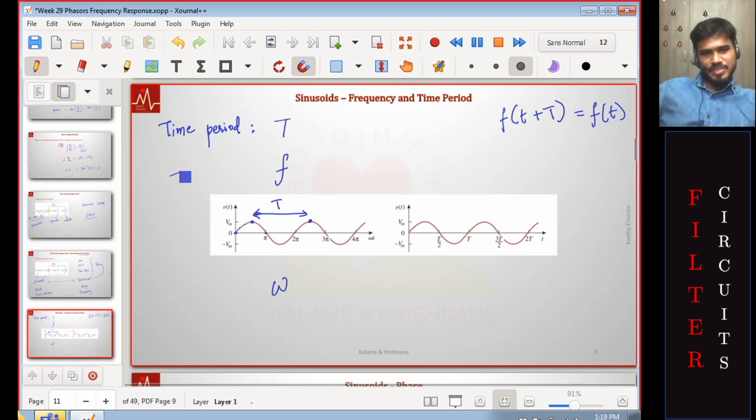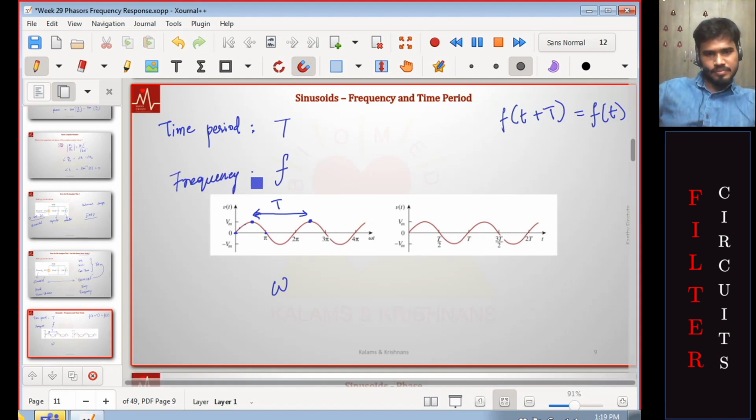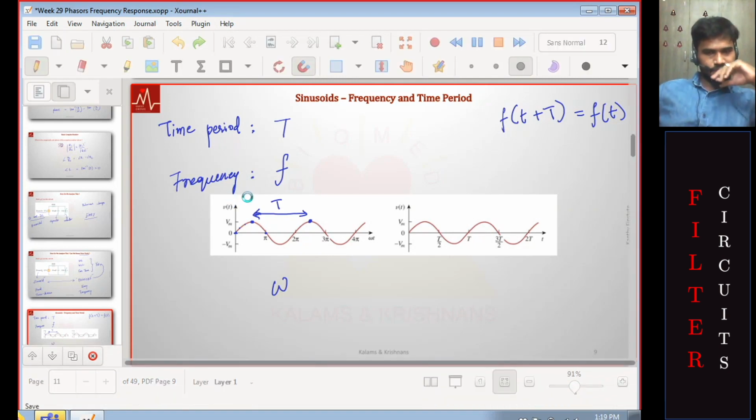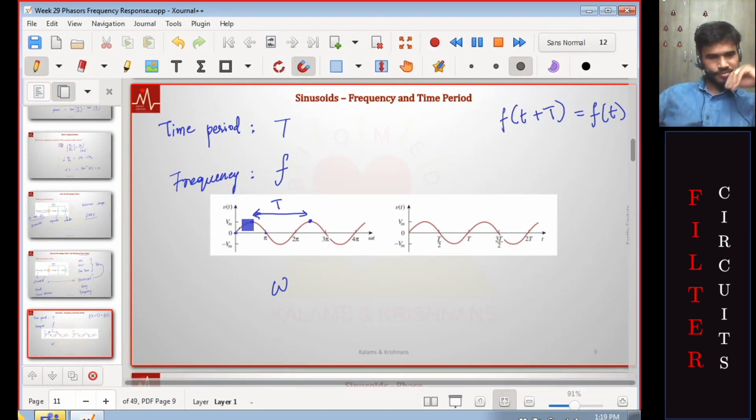Now, what is frequency? We want to understand how many peaks there are in 1 second.